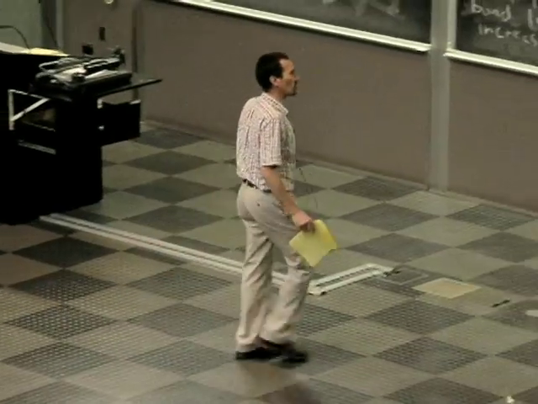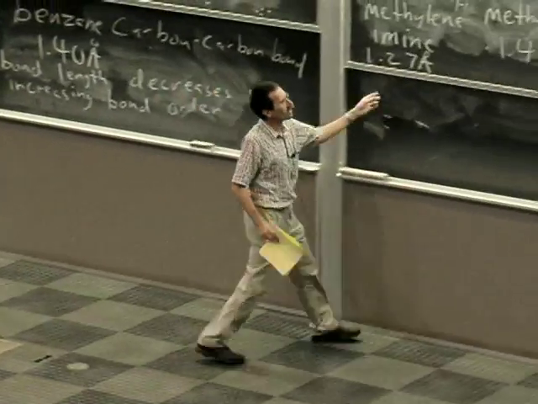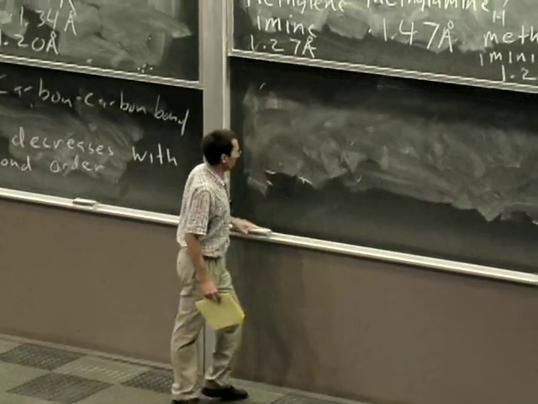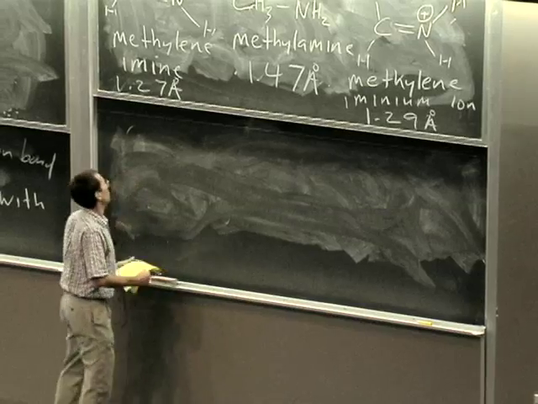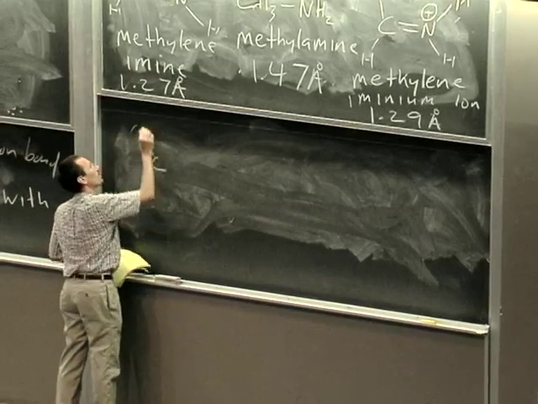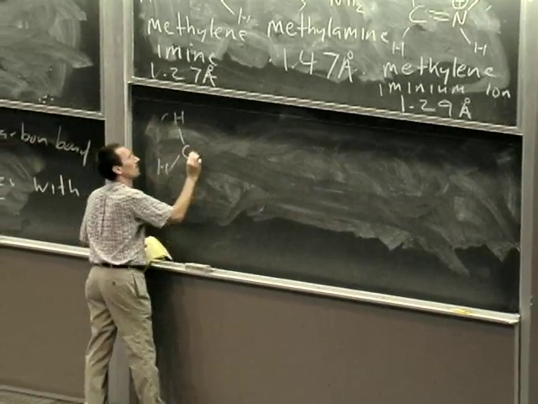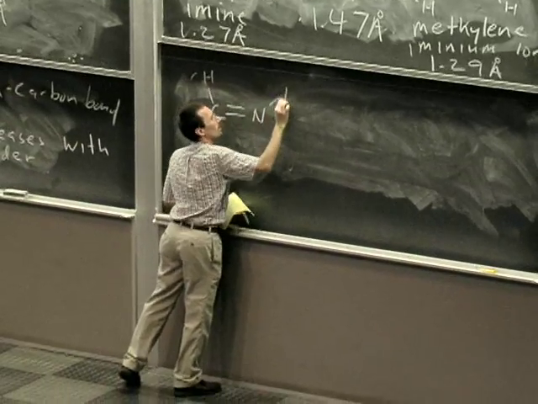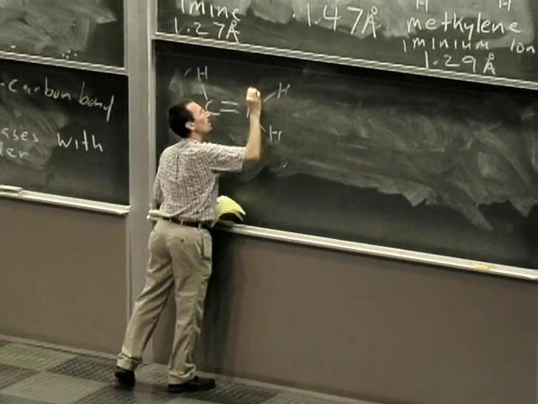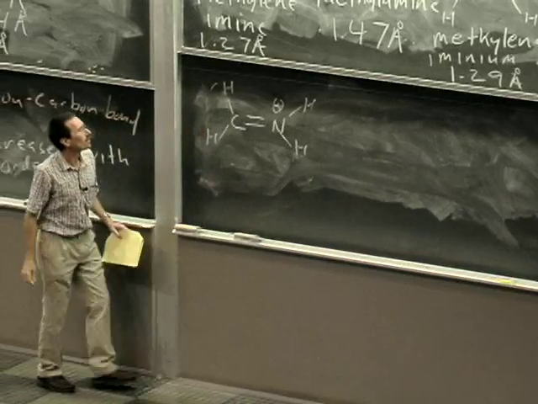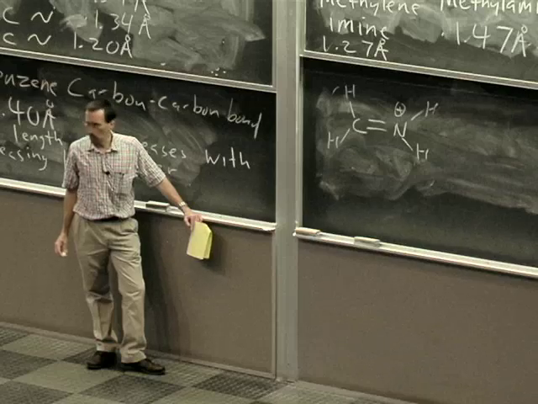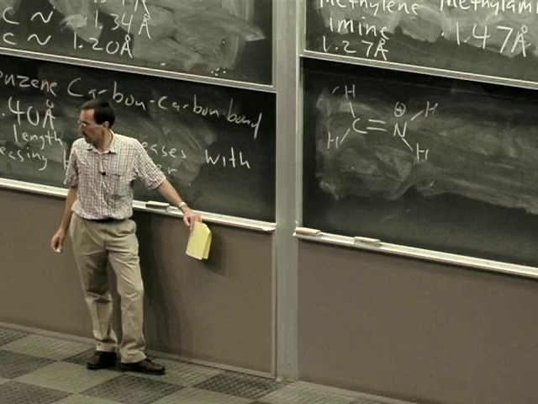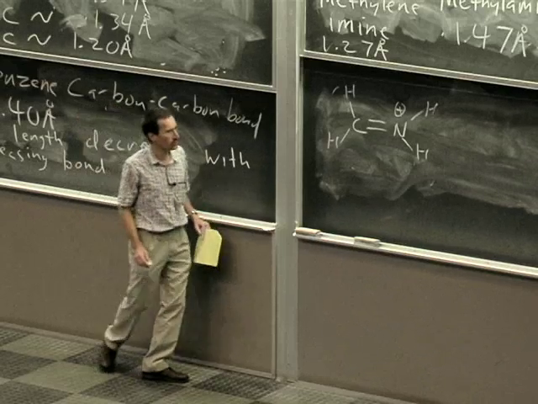Let's think about the two resonance structures that we could write for the methylene iminium ion. One resonance structure with a double bond to nitrogen and a positive charge on the nitrogen.